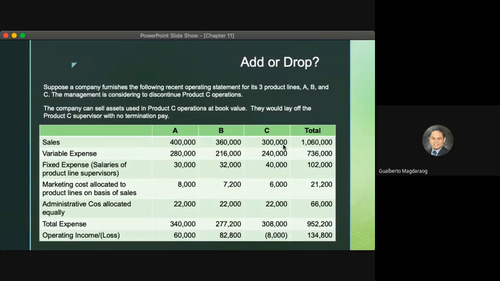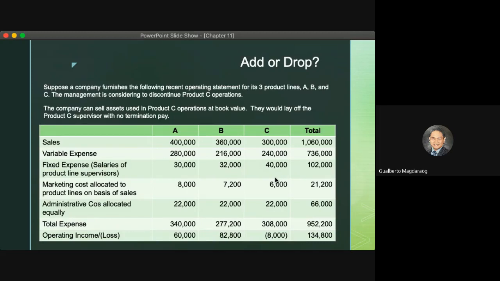We have 300,000 sales and 240,000 of variable expense and a fixed expense, salaries product line of the supervisor. Since he will be terminated at all, pwede mo na rin i-minus yan. May matitira pa yan, ano? 20,000.